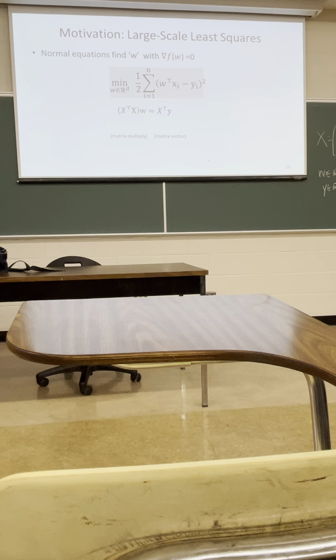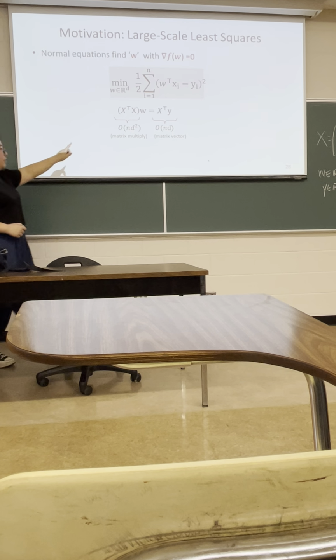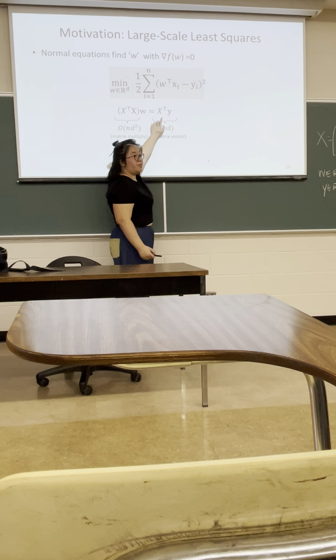Because X transpose y is n by d multiplied by d by 1, so it gives you n by 1, right? So here we can decompose the problem into 2 steps. The first one is to count the number of operations on the right-hand side and on the left-hand side. The right-hand side is big O of nd, because this is the dimension when you multiply the matrix X with the vector y.